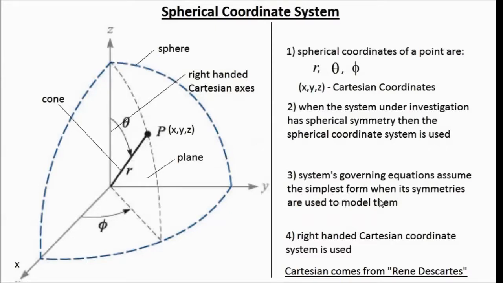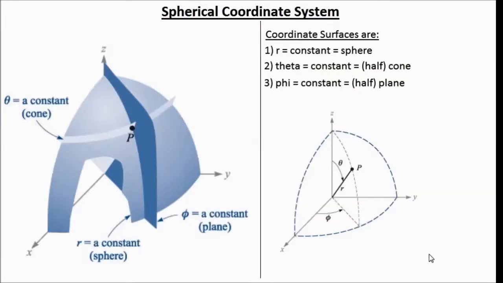Here we have used a right-handed coordinate system, and the word Cartesian comes from René Descartes, a French mathematician.